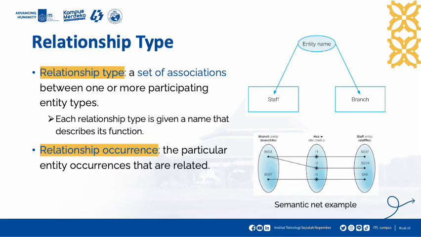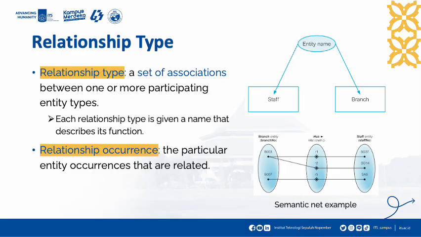Another basic concept of ER modeling is the relationship type. A relationship type is a set of associations between one or more participating entity types, and it is given a name that describes its function. There is also a relationship occurrence, the particular entity occurrences that are related.